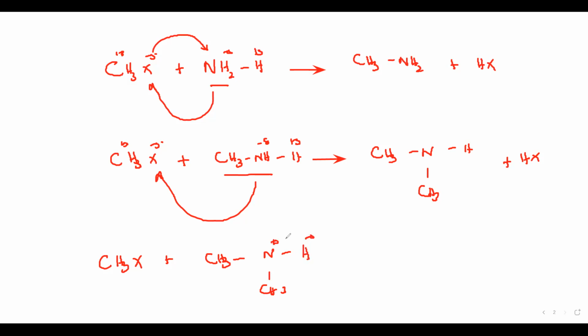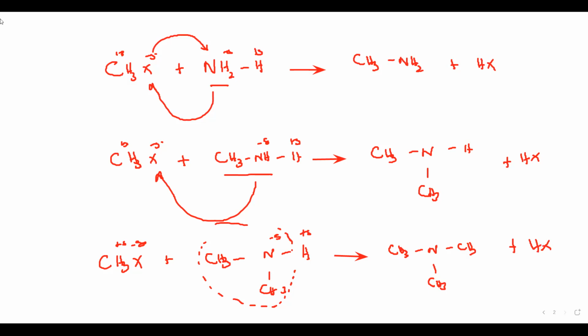There will be a partial negative on nitrogen and partial positive on hydrogen, and this whole negative part will be replaced by the halogen. As a result, it will produce CH3, N, CH3 and CH3 plus HX.